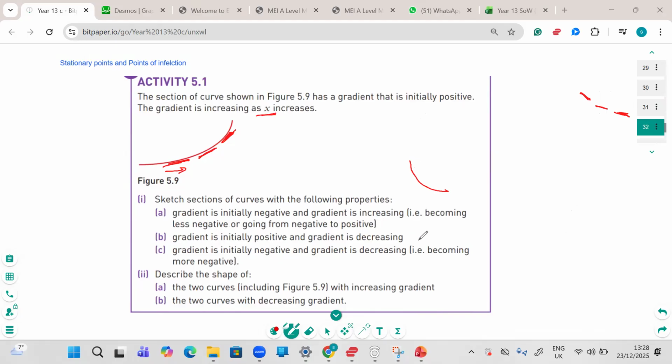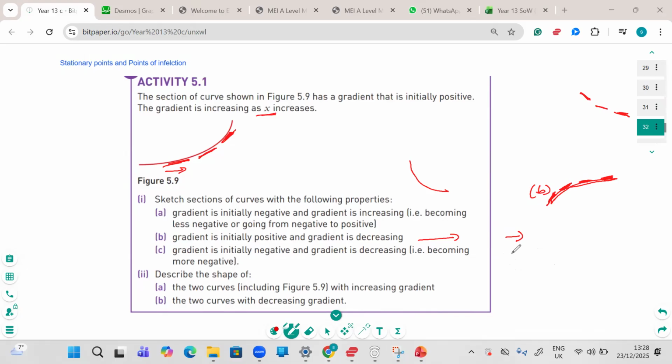Now B part. Gradient is initially positive and gradient is decreasing. Gradient should be positive, it should be something like this. But as you go along, the gradient should decrease. So it should be something like this, isn't it? Then only the gradient is decreasing. This is the diagram for B part. And the third one, gradient is initially negative, it is going down, and gradient is decreasing.